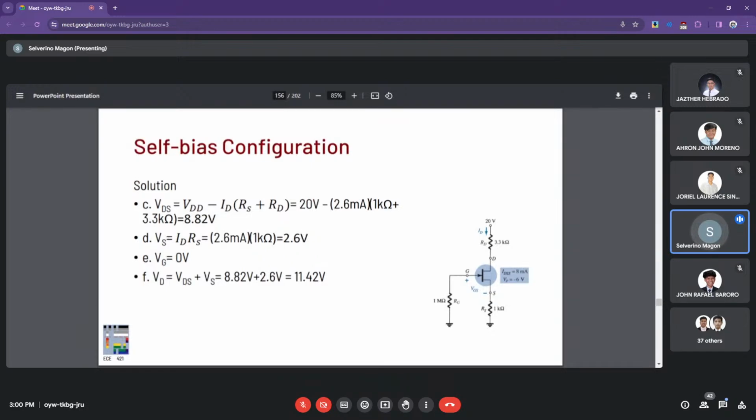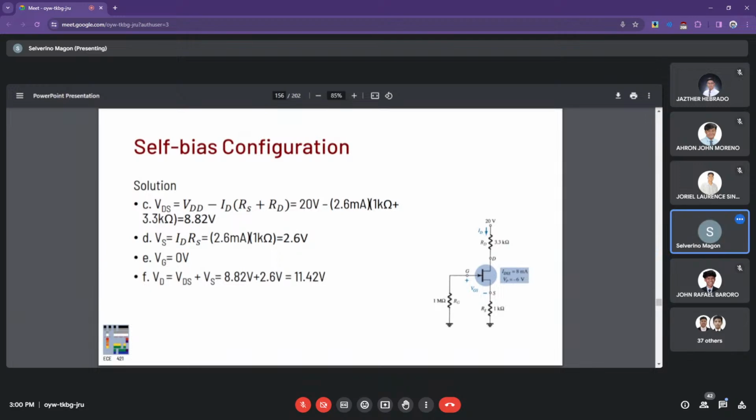Okay, so for the other values, we have the drain to source voltage based from the original KVL. Source voltage at Q point can be obtained from the new value of ID here.